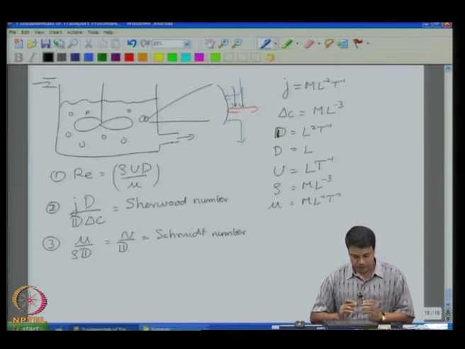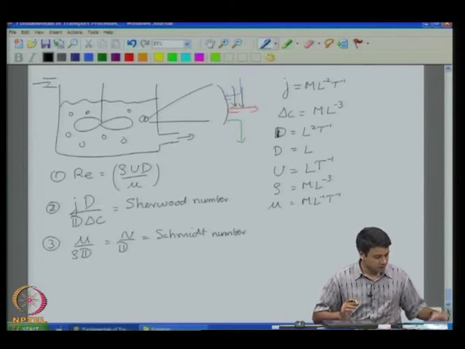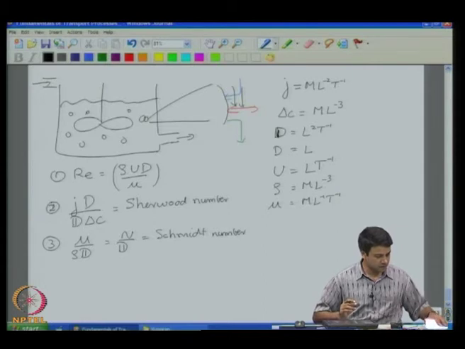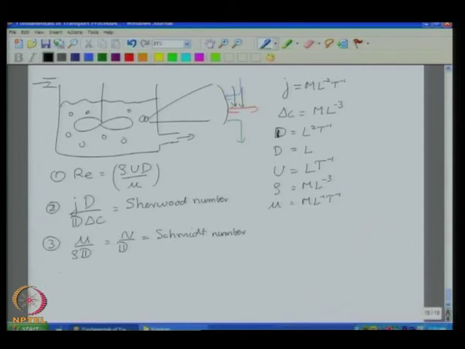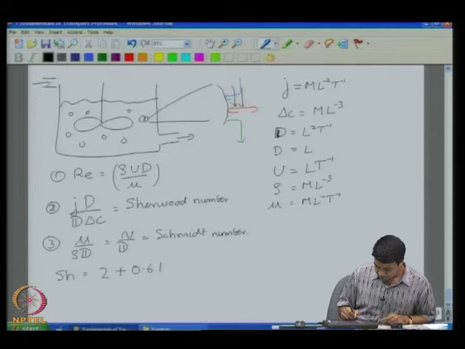Of course, beyond this one cannot go just by dimensional analysis alone, one has to go to correlations in order to find out what the diffusion coefficient is. And there are various correlations that are used in this problem. I will just briefly give you two correlations. One is that the Sherwood number is equal to 2 plus 0.6 Reynolds number to the half times the Schmidt number to the 1/3.